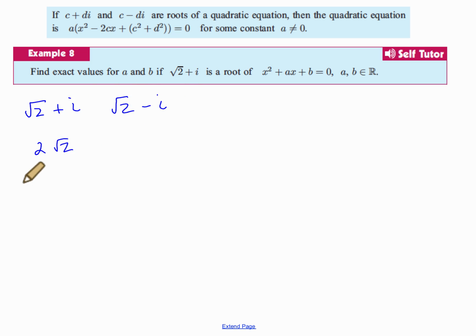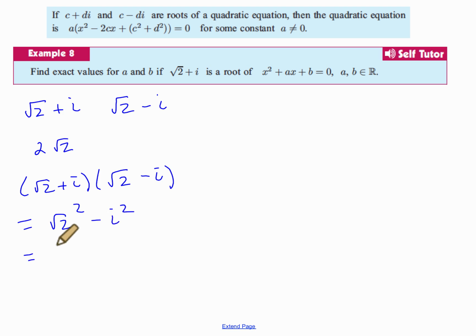And then the product of these two, root 2 plus i times root 2 minus i. I know we can do it in our head, but I always like to write it out, is equal to root 2 squared minus i squared, which becomes 2 plus 1, which is 3. Now notice how it's of the form c squared plus d squared.